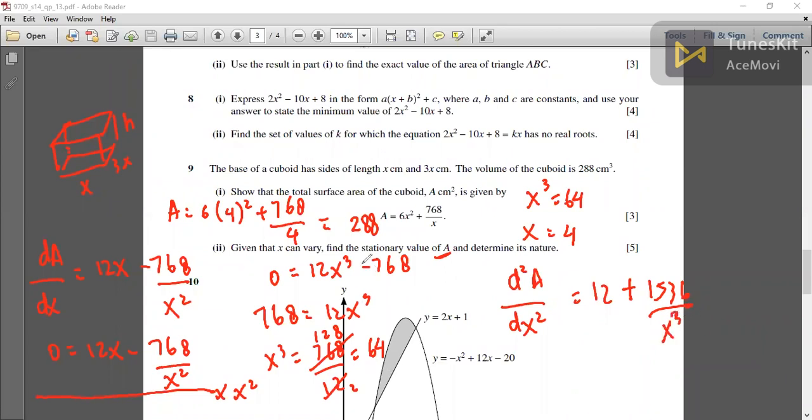We put in the stationary value that we have found, x equal to 4. So 12 plus 1536 over 4 cubed, so I got 36. Because it is positive, the nature will be a minimum. Okay, that is for number 9.